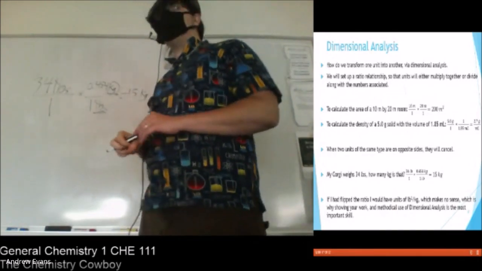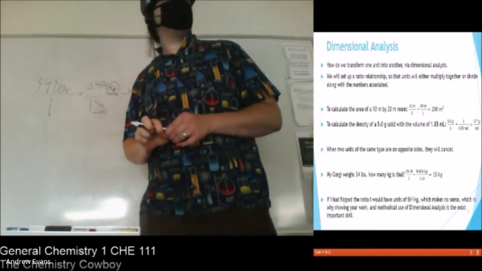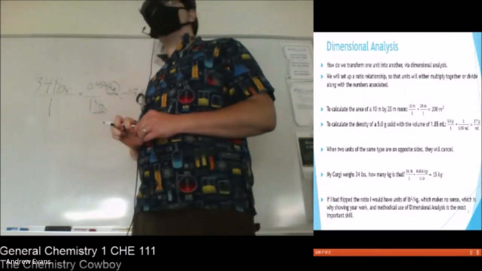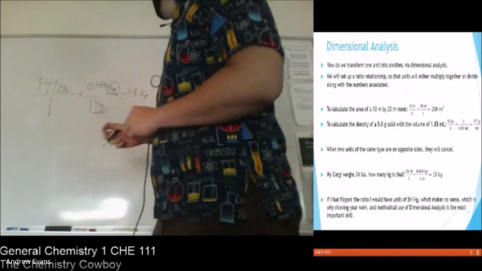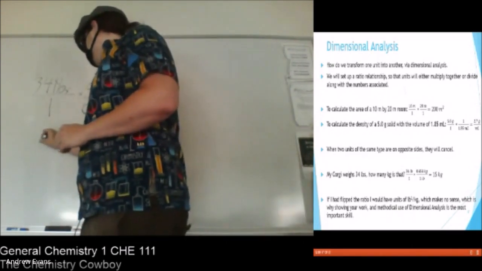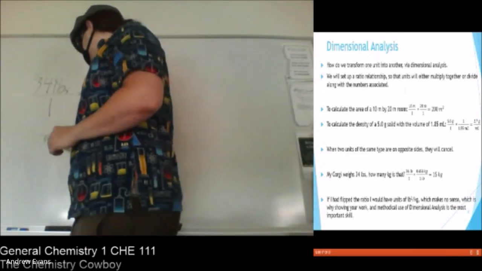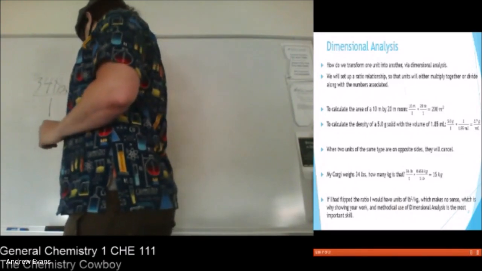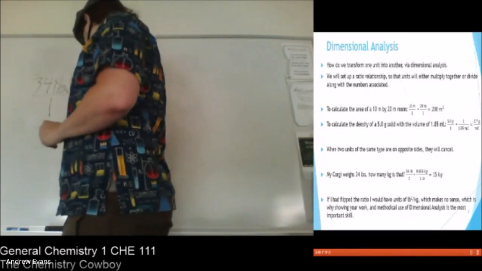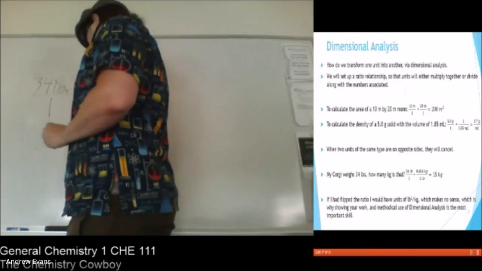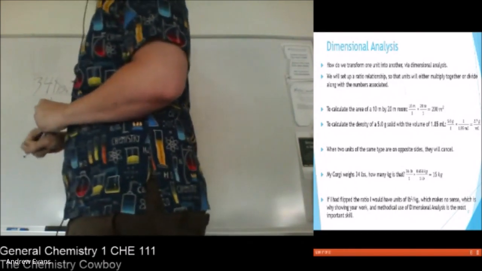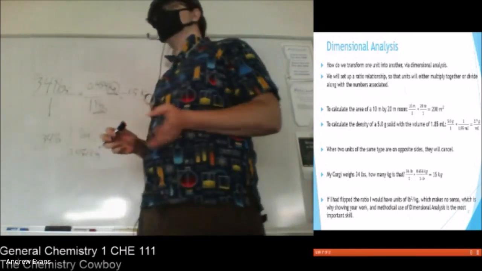I know I need to multiply by 0.454 and not divide by 0.454 because of how the units would cancel. If I did this the other way around, if I said 34 pounds and I did this with pounds on top, kilograms on bottom, I would get pounds squared per kilogram. And that is a unit that makes no sense.